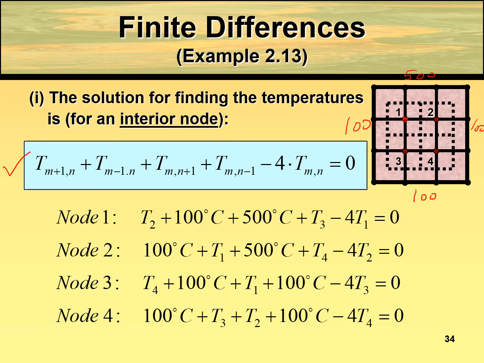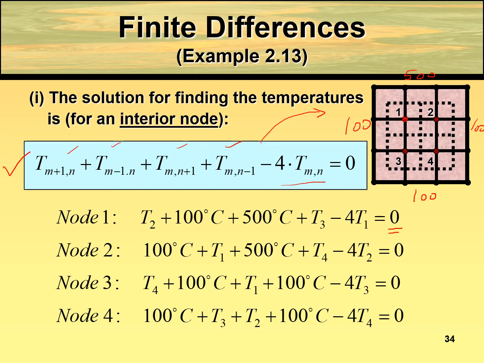Now if you want to apply this equation to node number 1, it is nothing but you take this 500 plus 100 plus T3 plus T4, right? So that is for all of this, and then minus 4T1, and because there is no heat generation, that is equal to 0.